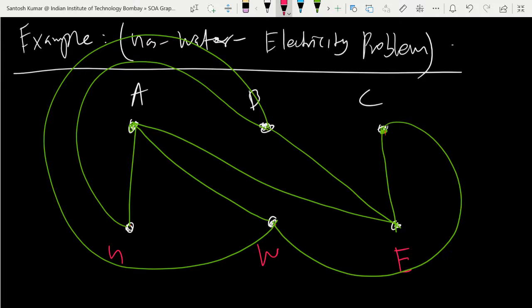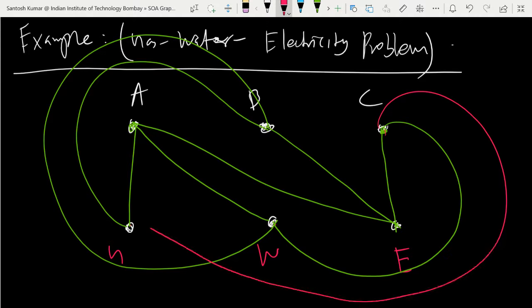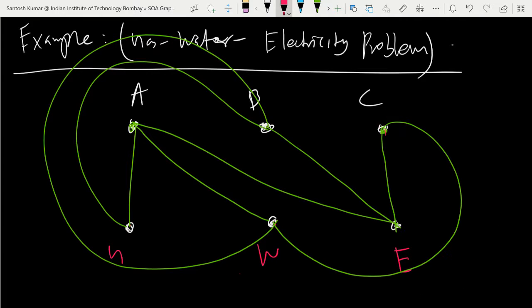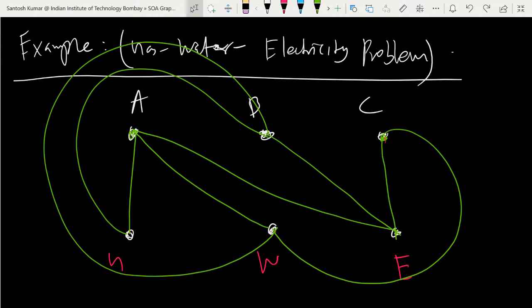You have to cross somewhere: either you do it this way and cross many edges, or if you try another way you will cross somewhere; if you do it this way you will cross here. So the question is, is it possible? The answer is no. There is no way to supply all three utilities to all three houses without crossing paths.